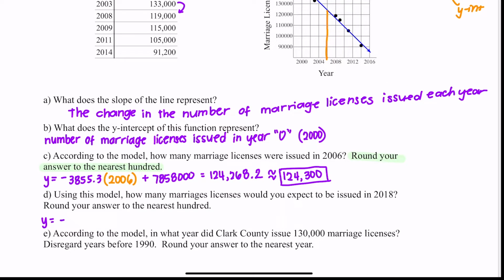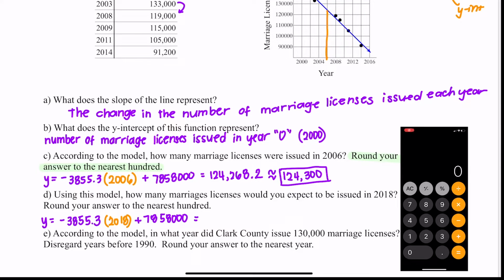Now, for letter D, using this model, how many marriage licenses would you expect to be issued in 2018? We're just going to do the same thing, set it up like we did for letter C, but instead of 2006, we'll put 2018. We'll plug it in: negative 3,855.3 times 2018 plus 7,858,000, that's our y-intercept.